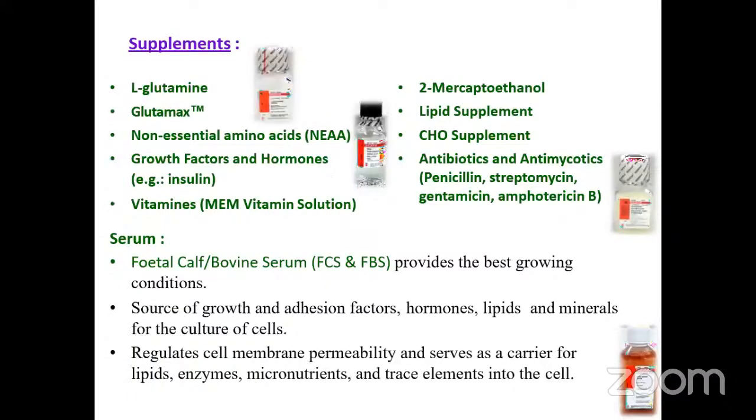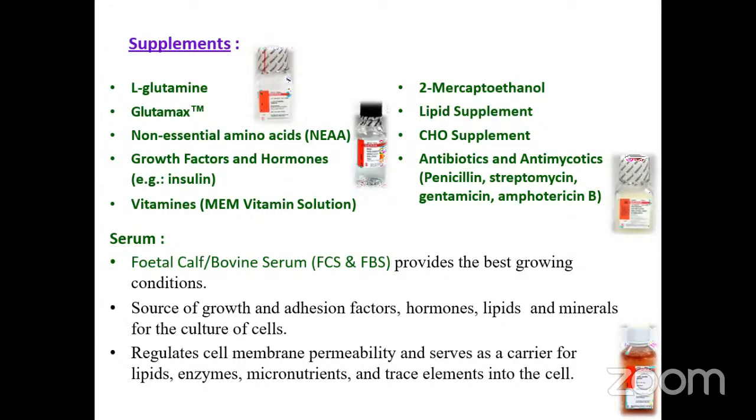Then other supplements like glutamine, L-glutamine, GlutaMAX, non-essential amino acids, growth factors, hormones, vitamins, mercaptoethanol, lipid supplements, CHO supplements, antibiotics, antimycotics. So all this will be used. Then serum.